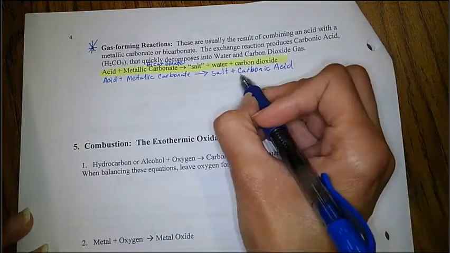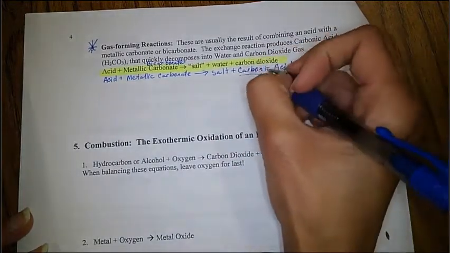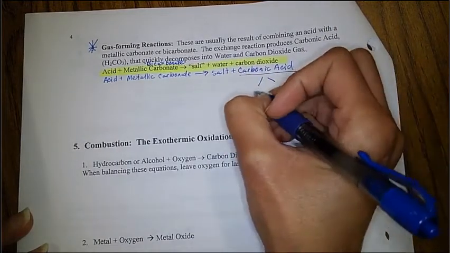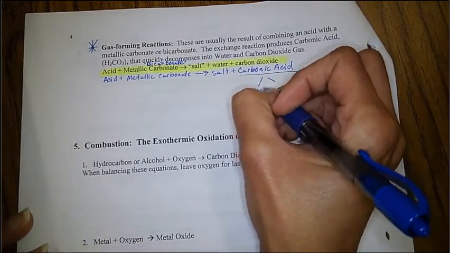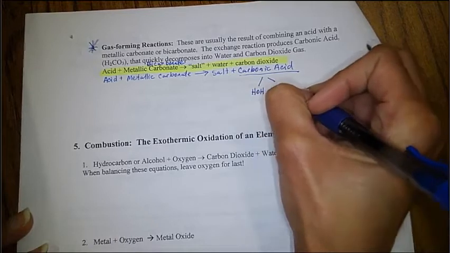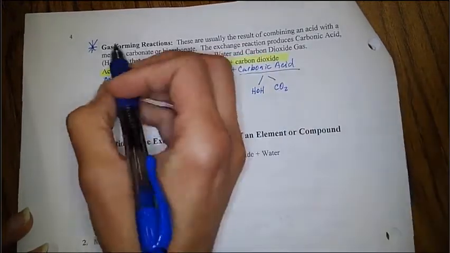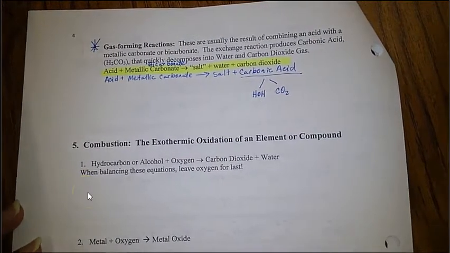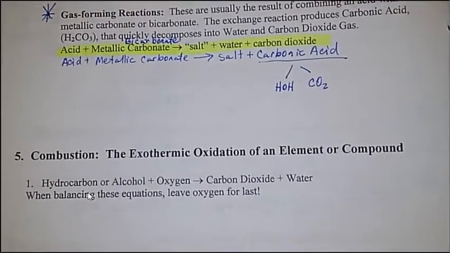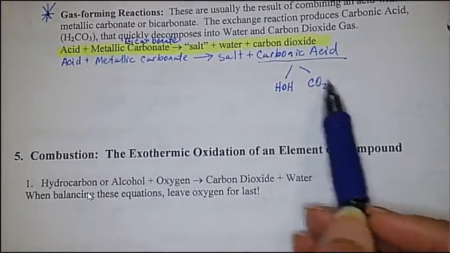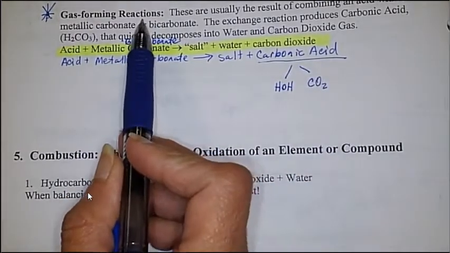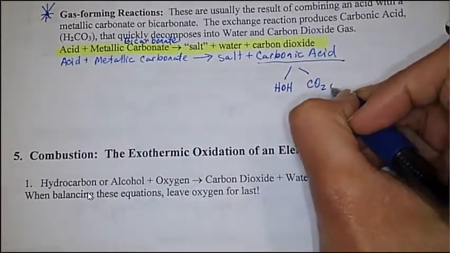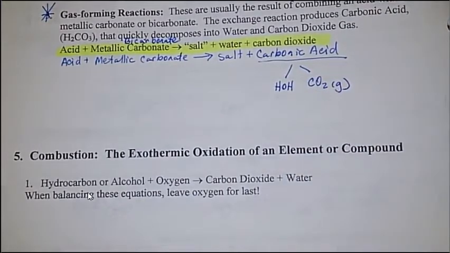And it is this carbonic acid, when you break it down, eventually you will see it. It will form your water plus carbon dioxide. And the gas that is produced makes this a gas-forming reaction. So, let me enlarge it again. So in this case, it is a gas-forming reaction. Well, the gas that it is producing is actually this carbon dioxide.